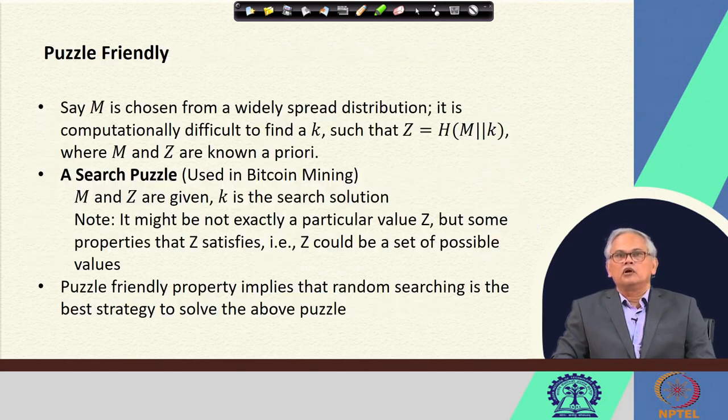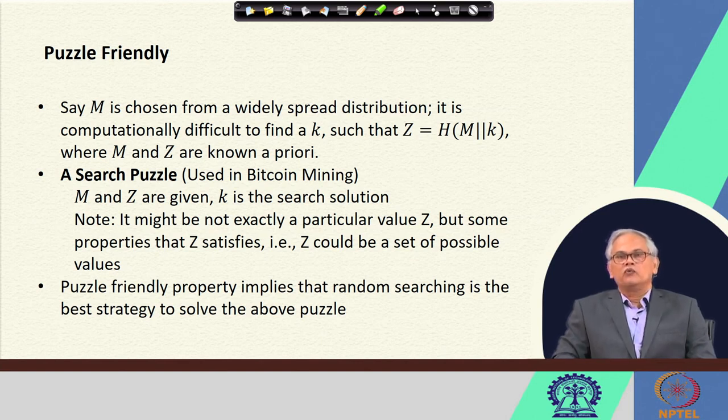Now, the property of puzzle friendliness. If m is chosen from a widely spread distribution, then it is computationally difficult to find a K such that Z is equal to H of m concatenated with K, where m and Z are known a priori.